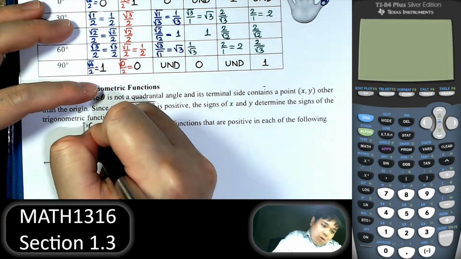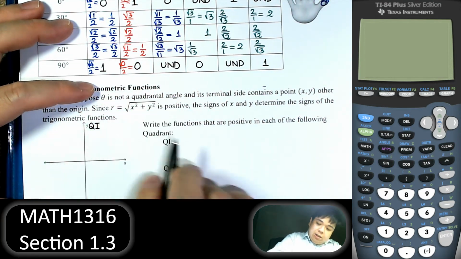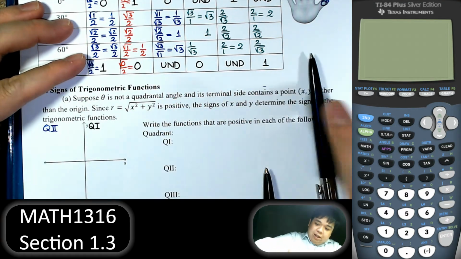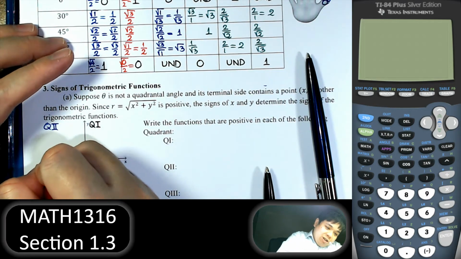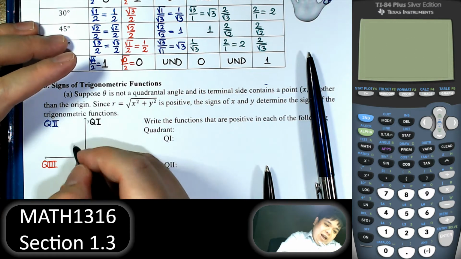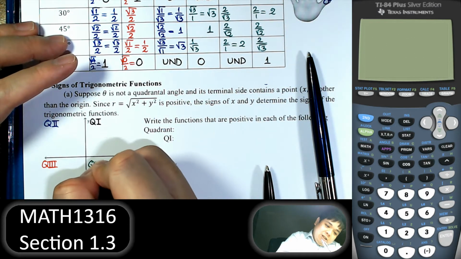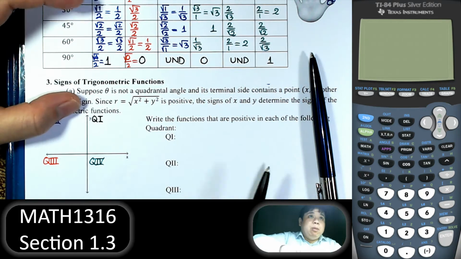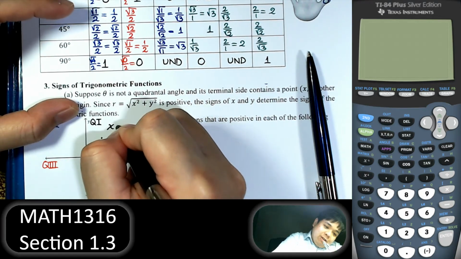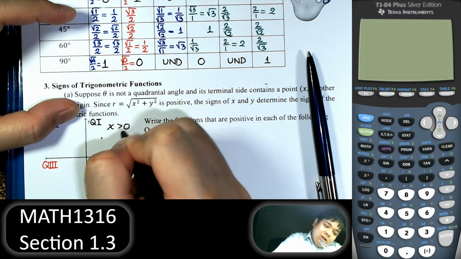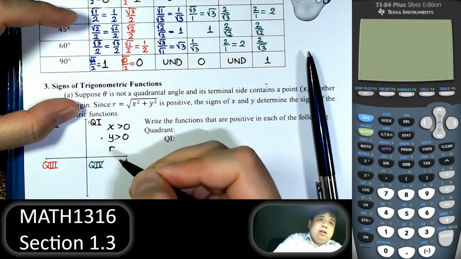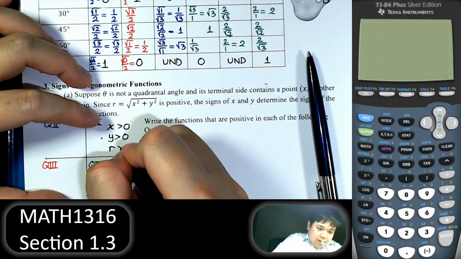So in quadrant 1, quadrant 2. So I have 4 colors, so I just use different colors here. And 4. So let's say if we have a point in here, then x is positive, right? Y is positive, and r is positive.